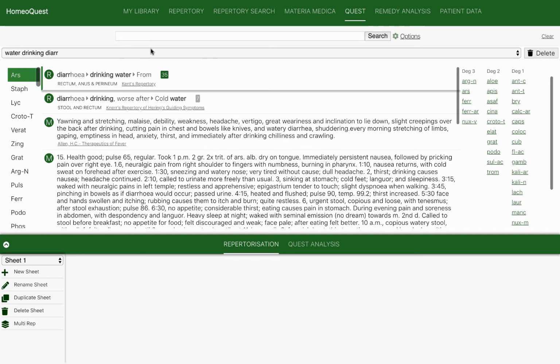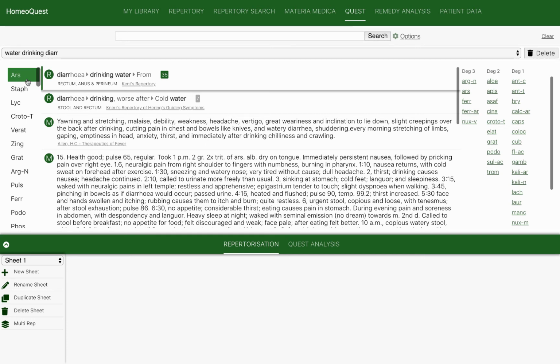It's sorting it not just based on the grade of the rubric and the remedy, but it's doing it based on how many authors have given that particular remedy a tick for that rubric. So the more authors that have given that remedy a tick, the higher it is graded in Quest. So this is where I would now go and start looking at the top remedies.